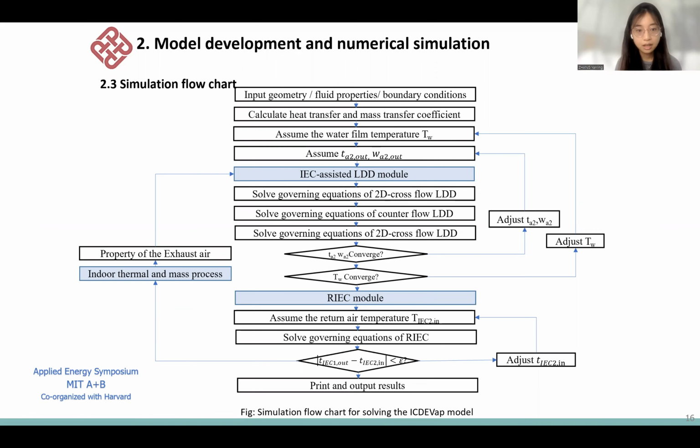It can calculate along the IEC-assisted LDD module and the RIEC module. If it is converged, we can print and output the result. And also, the outlet air can be sent into the indoor thermal and mass process. The exhaust air can be reused in the LDD module.